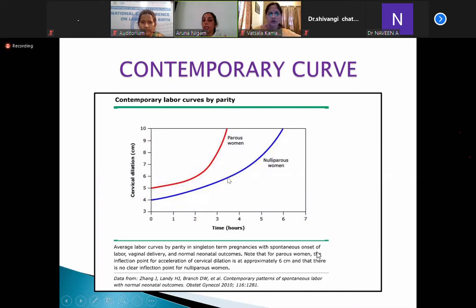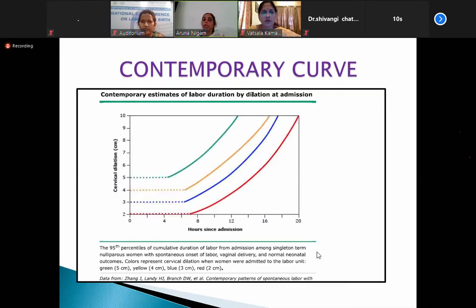That means even after 6 centimeters, these nulliparous women are gradually changing their cervical dilatation, not similar to parous women. Another difference is that there is no deceleration phase. So these are the 2 points we need to remember.